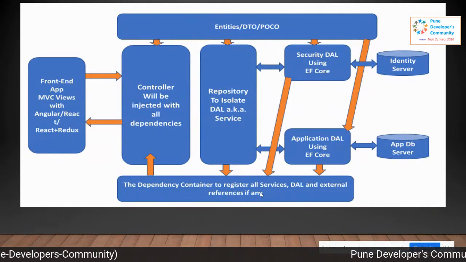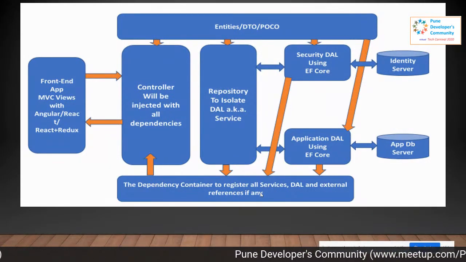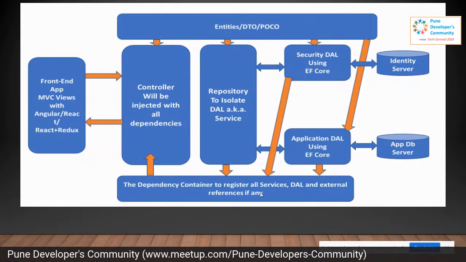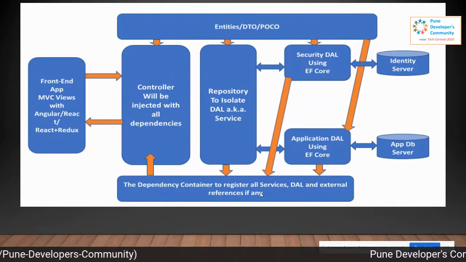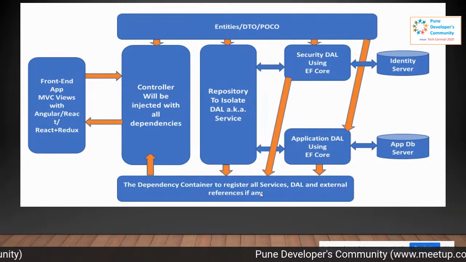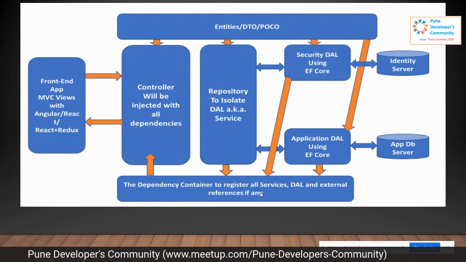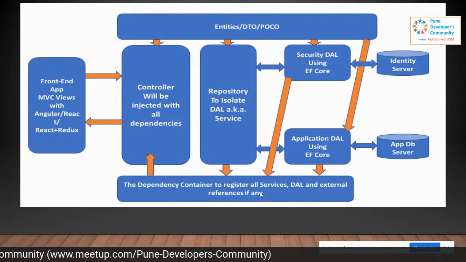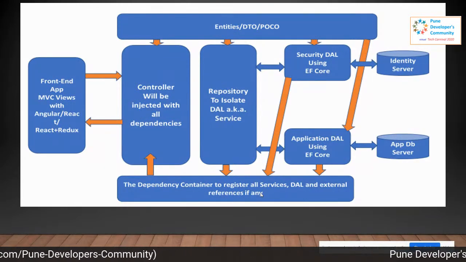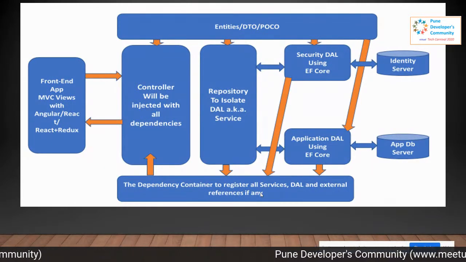You put that into the container, so you will have objects for the data access layers as well as for the business repository service classes, instantiated at application level with a specific strategy.